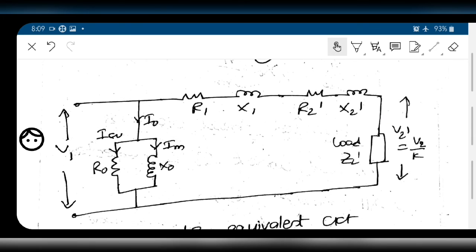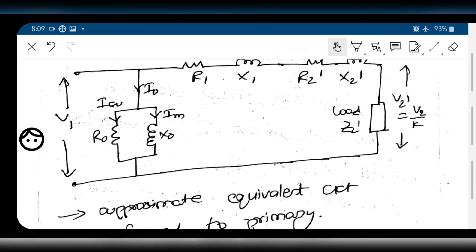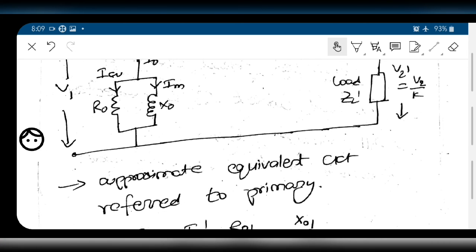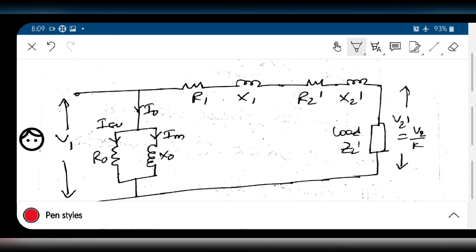In this circuit the operation is shown. The no load branch is shifted to the left of R1 and X1, so we have neglected the drop due to no load current I0 in R1 and X1. This is called the approximate equivalent circuit of transformer referred to primary.